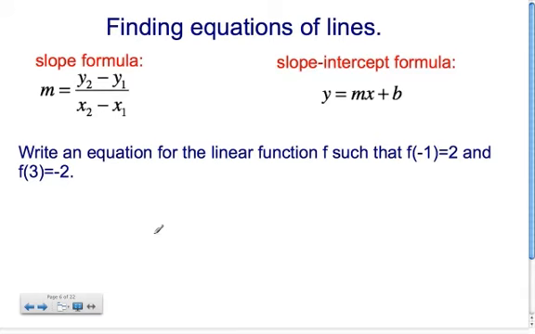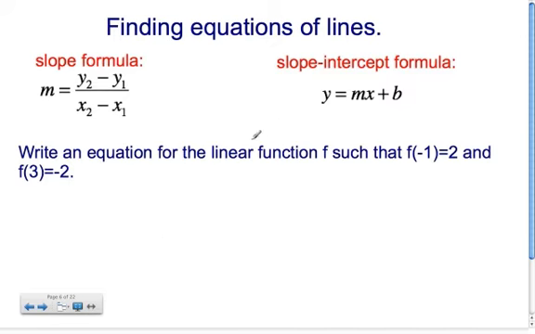So we need to find the equations of lines, and to do that we are going to use the slope formula, which is m equals y2 minus y1 over x2 minus x1, and the slope-intercept formula, which is y equals mx plus b. So it's asking you to write an equation for the linear function f such that f of -1 equals 2 and f of 3 equals -2.